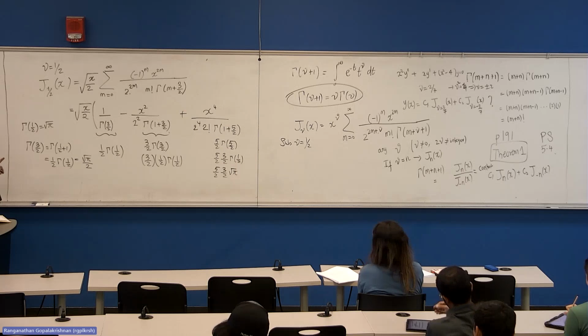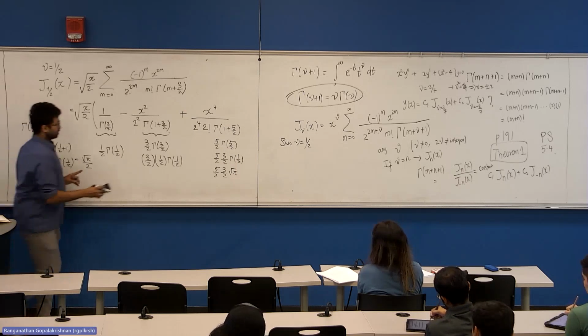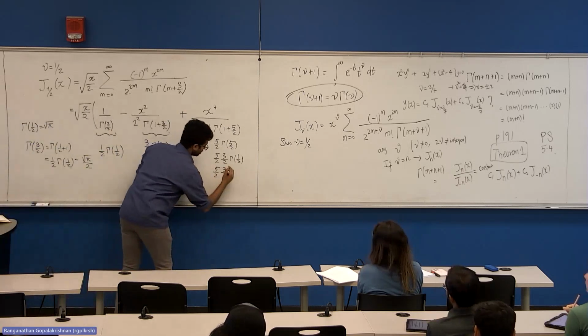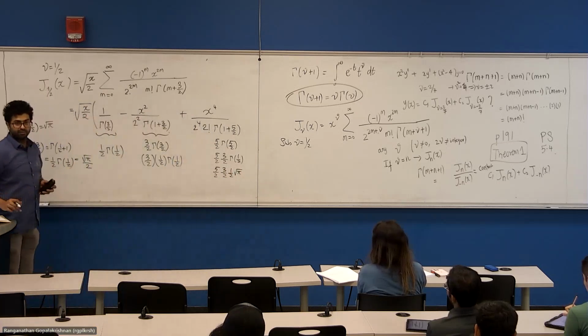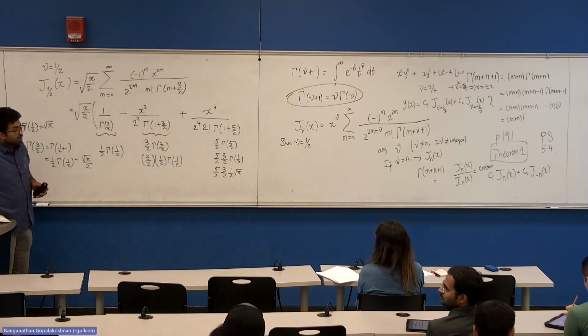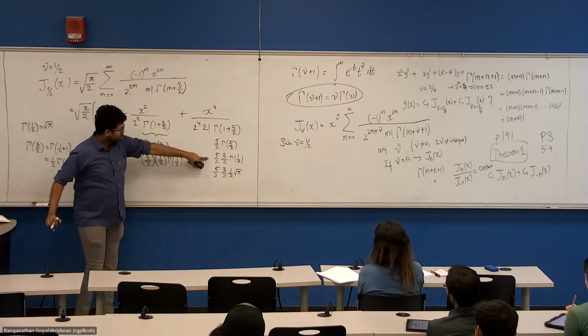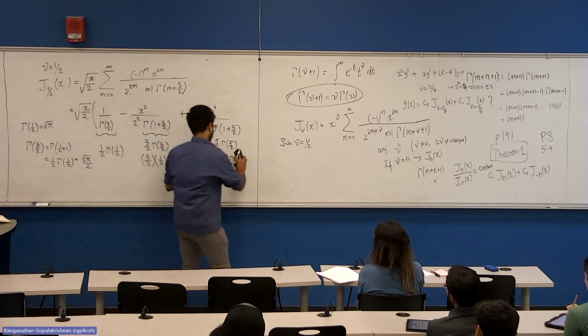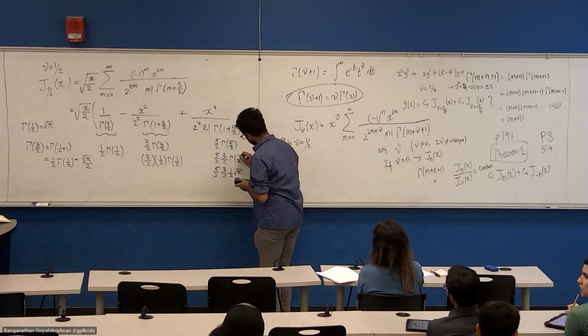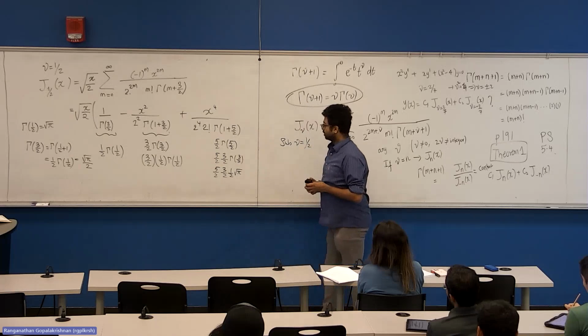Am I doing this right? No, because 3 by 2 plus half. The correct. Okay.